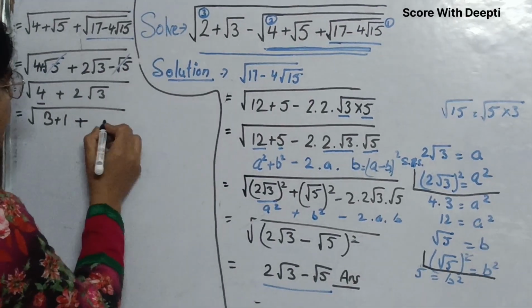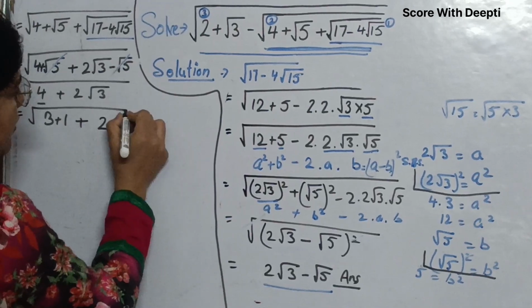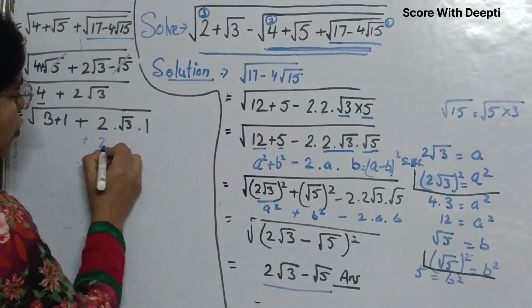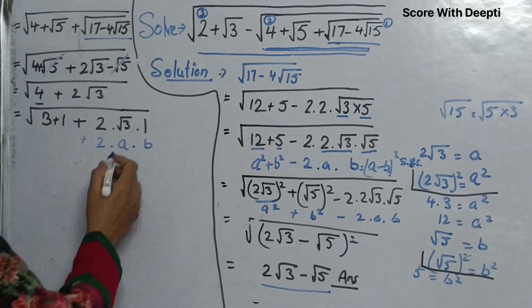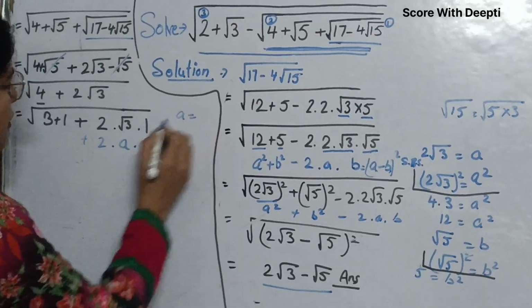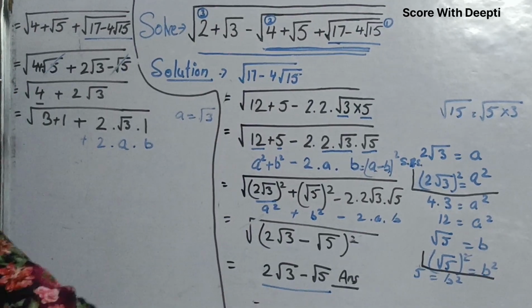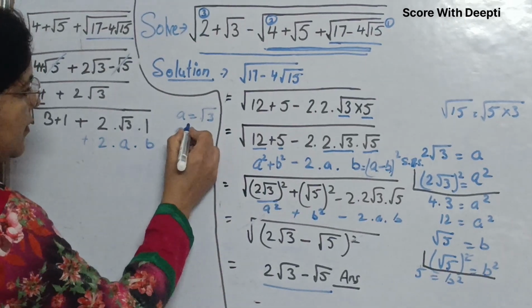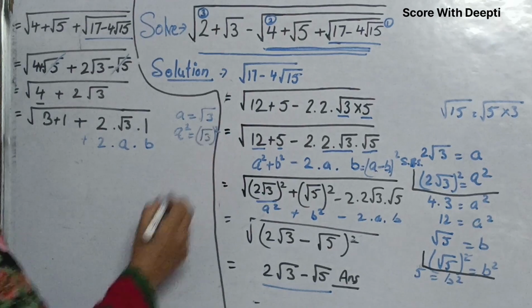2 square root 3 can be written as 2 into square root 3 into 1, which means 2 into a into b. Now we find the value of a square. A is equal to square root 3, and a square is square root 3 whole square.